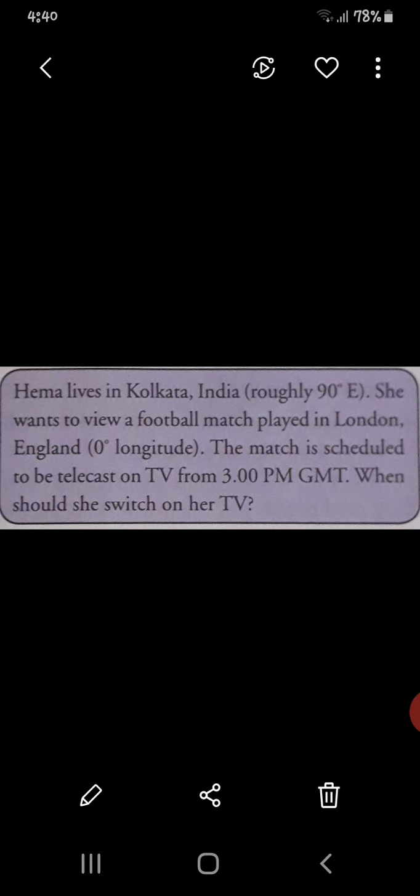And Kolkata is at 90° east. So you have to now calculate. The match is scheduled to be telecast on TV from 3 p.m. GMT. What is GMT? Greenwich Mean Time. When should she switch on her TV? This is your question.